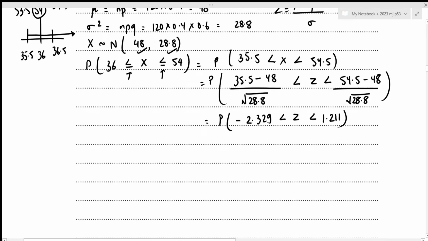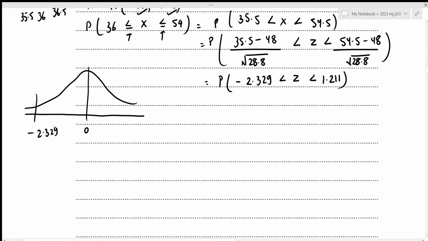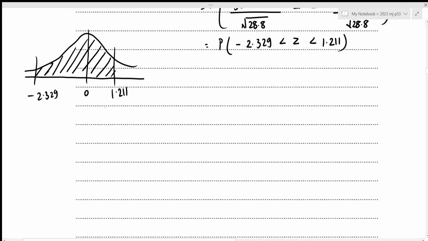Okay. Now let us draw our standard normal curve for this probability. So this is 0. We have negative 2.329. Then we have positive 1.211. We require this region. Right? Now in order to get this region, let's start with just the 1.211.